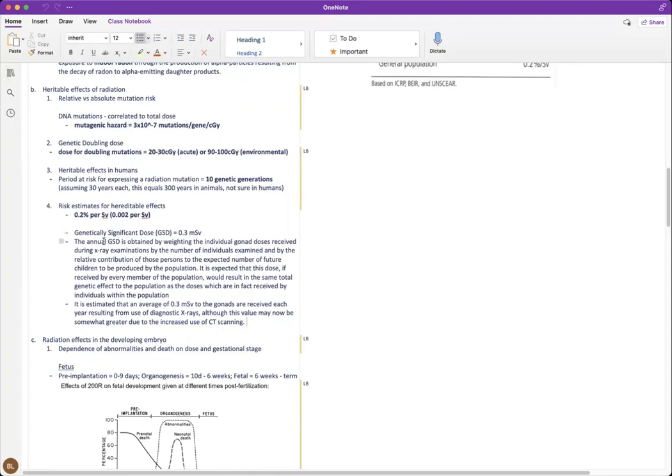This is something they calculate by weighting the individual gonad dose received from X-ray exams. Okay, the definition is described here. So they estimate an average of 0.3 millisieverts to the gonads from the use of diagnostic X-rays.